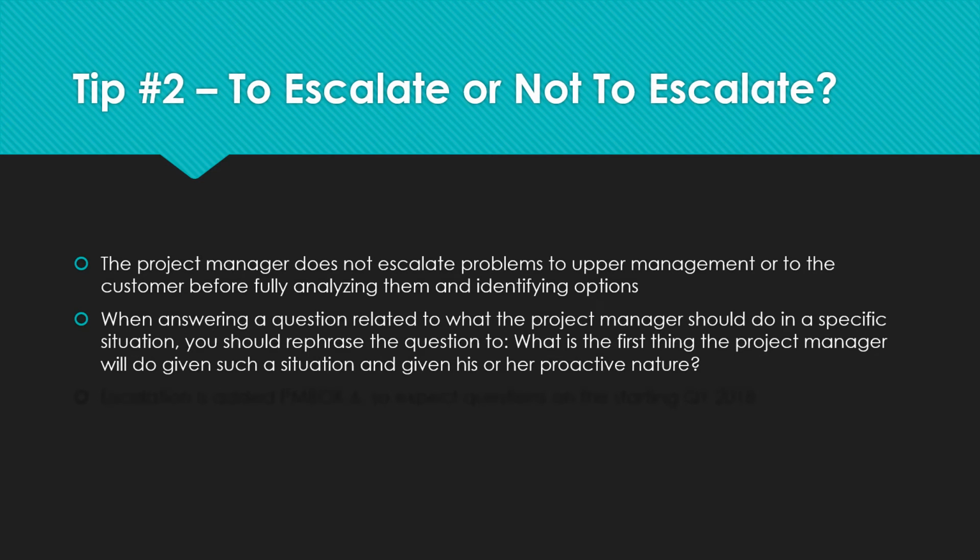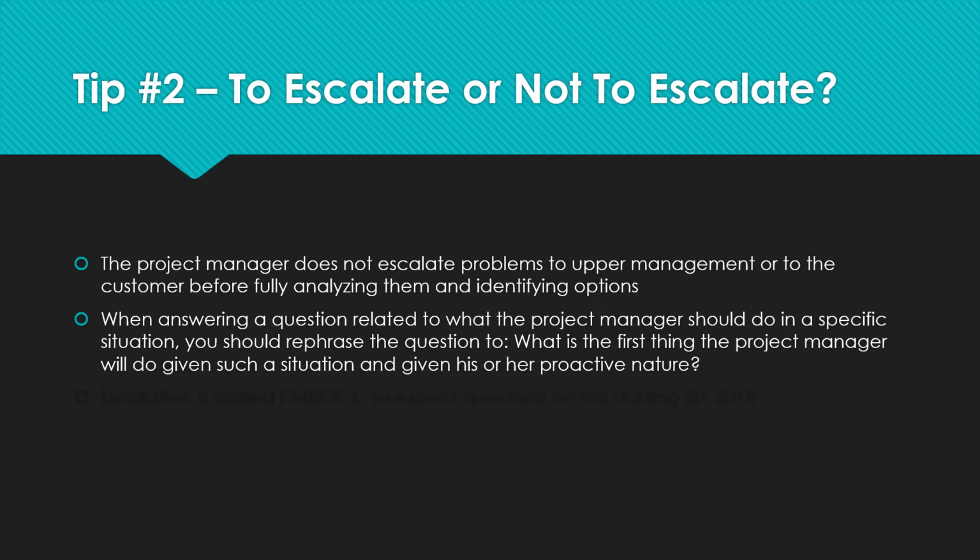Now, when answering a question related to what the project manager should do in a specific situation, you should rephrase the question to, what is the first thing the project manager will do given such a situation and given his or her proactive nature? In the previous tip, we learned that the project manager is proactive 100% of the time.